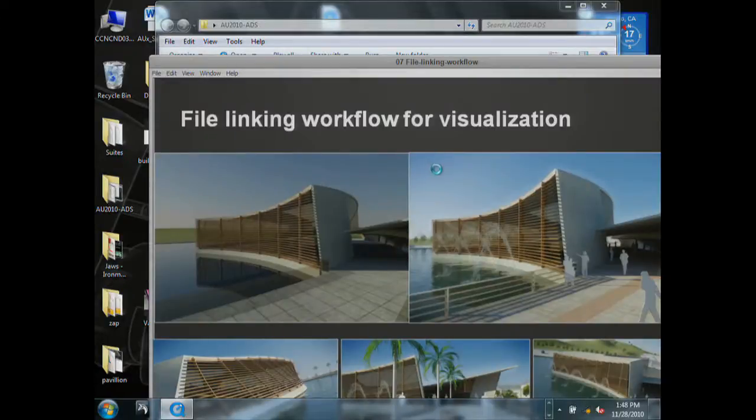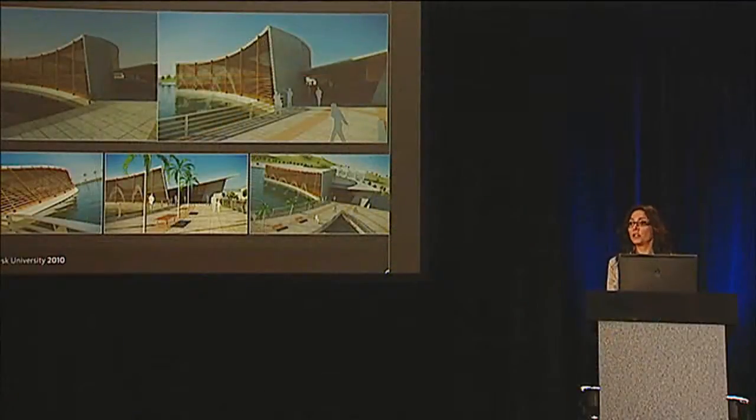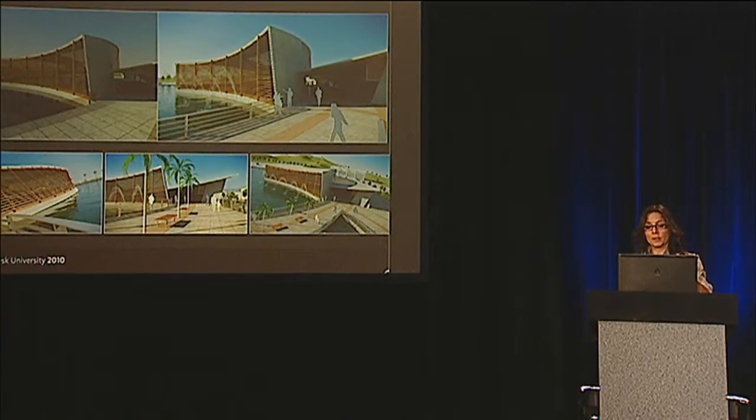All right, so let's have a look at how we can create a visualization here in 3ds Max Design. Basically, we will start from the DWG drawing that we will file link to 3ds Max Design. And we'll start from the very basic look of AutoCAD, if you want, with the basic 3D DWG drawing, all the way to a more final and more refined photorealistic imagery that we can create using 3ds Max Design.